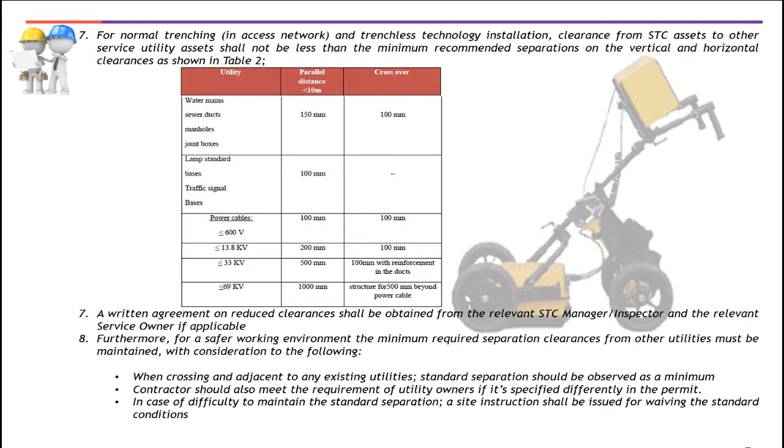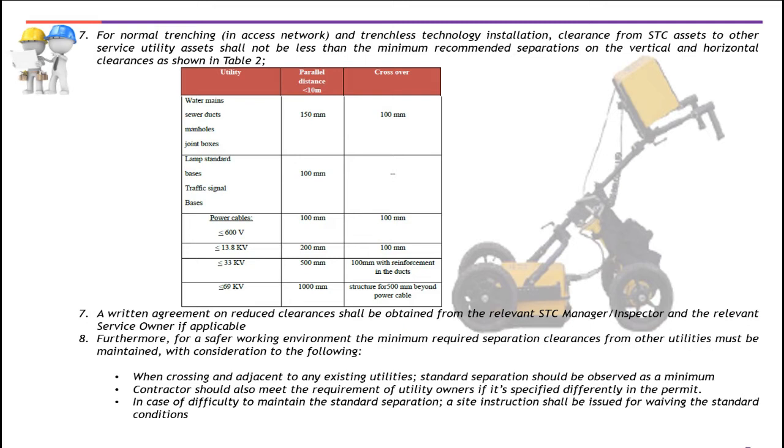And for other utilities like the power utilities, power cables having a voltage of 600 volts, the parallel distance must be 100 mm, and when crossing it is the same, 100 mm. If you have 13.8 kV, the parallel distance must be 200 mm and 100 mm for crossover.